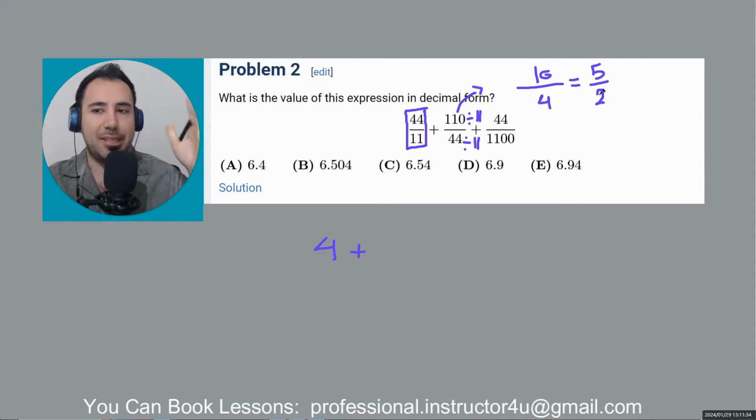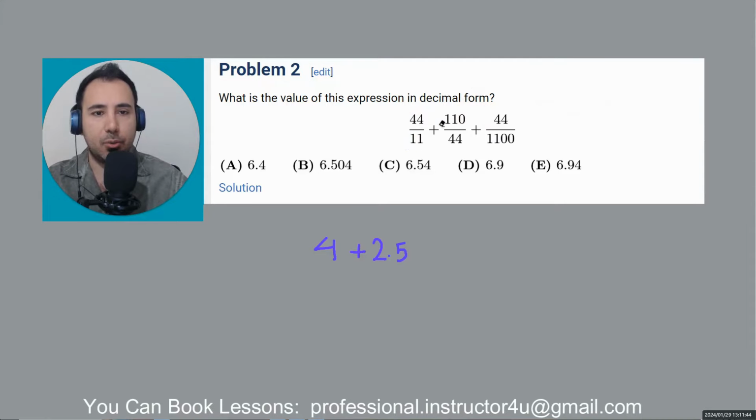When we divide 5 by 2, what is the answer? 2.5. So I'm going to write 2.5 here. And lastly, again, we know that both of these are divisible by 11. So this one we divided by 11, 45 divided by 11 is actually 4.